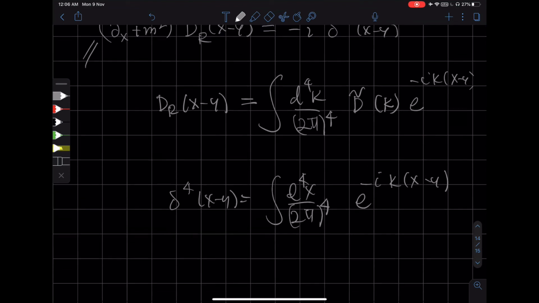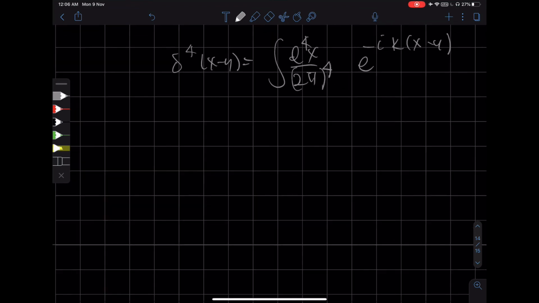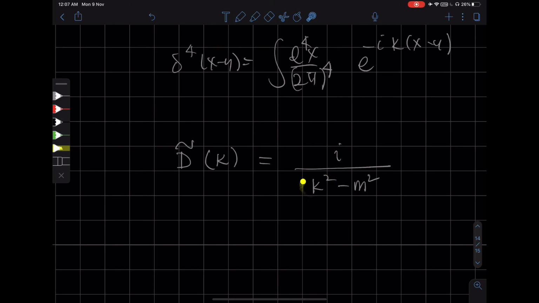So if I now plug both of these into this equation, we can go to momentum space, and we see that in momentum space, D tilde of k is nothing but i divided by k squared minus m squared. So this is the formal solution to the propagator. But there's a problem with this, and the problem is that for values of k squared equal to m squared, we have a singularity. So we don't know how to evaluate this propagator.